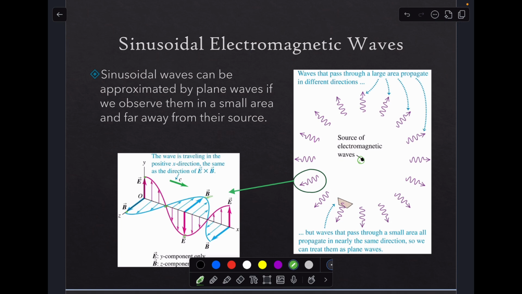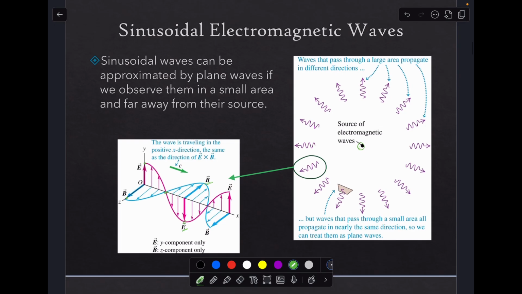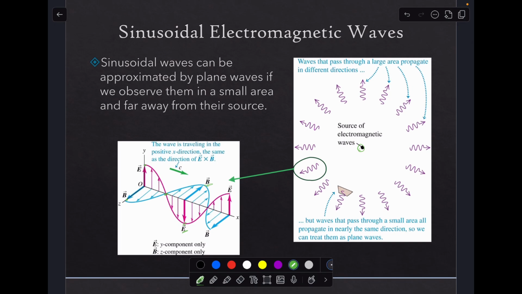One will be describing E and one will be describing B. And then also the other thing that's different is their direction, right? They always have to be 90 degrees from each other. So the E field would have only maybe a Y component, and the B field would have maybe only a Z component, and therefore the direction of travel would have to be X, okay?